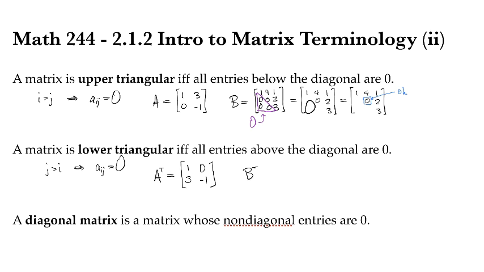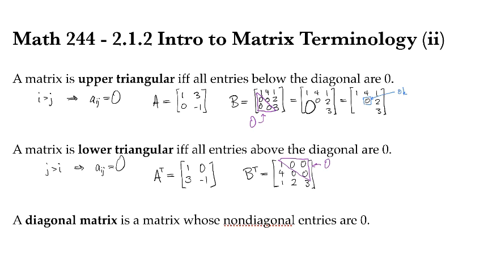And B transpose will be, let's see, 1, 4, 1, 0, 0, 2, and what was the last one? 0, 0, 3. There we go. And so again, we're just making sure that everything above the diagonal is 0.